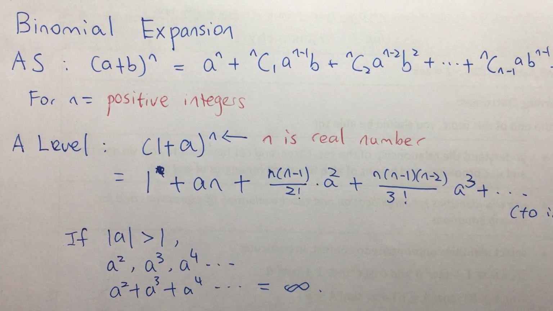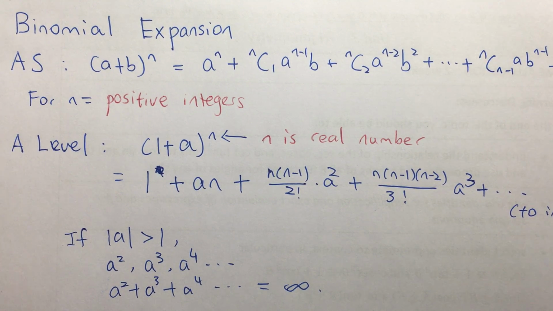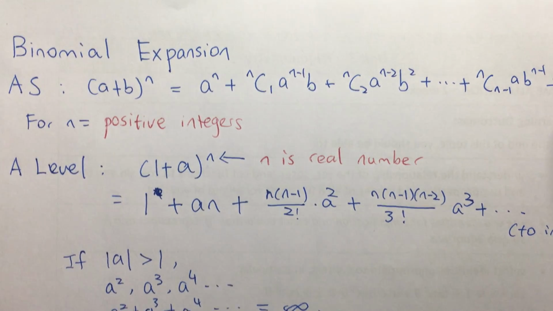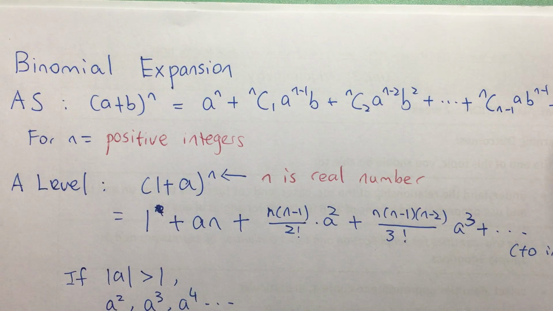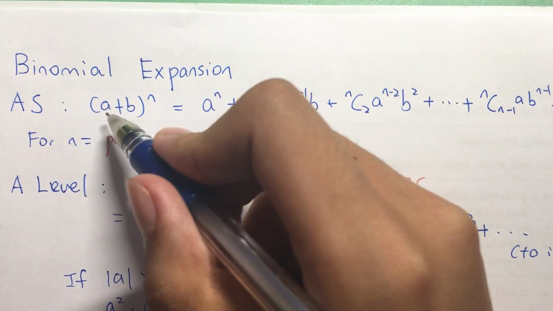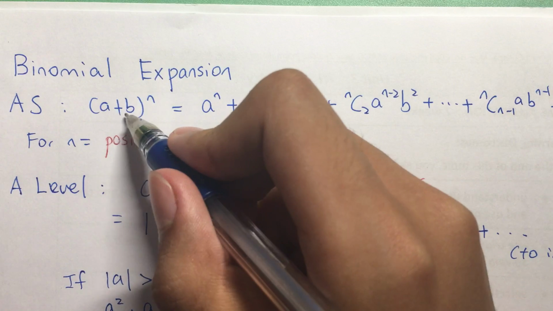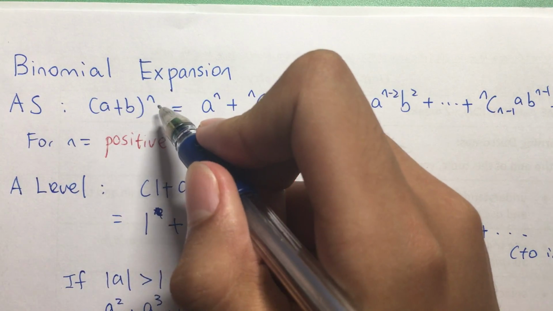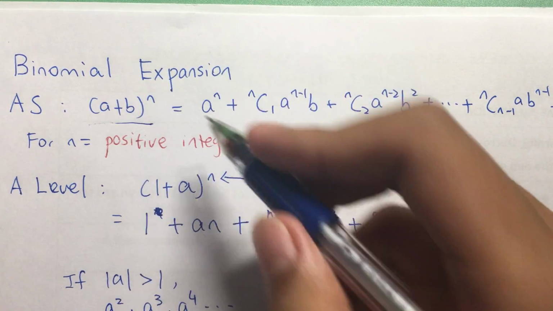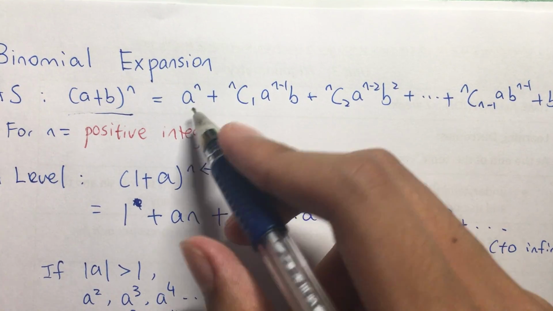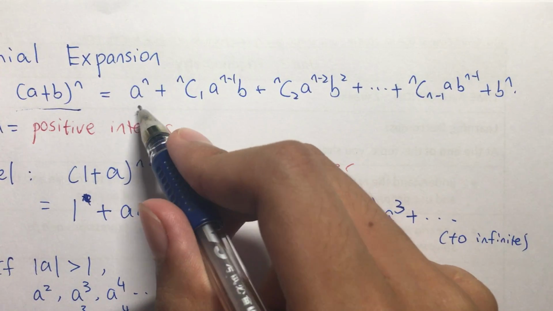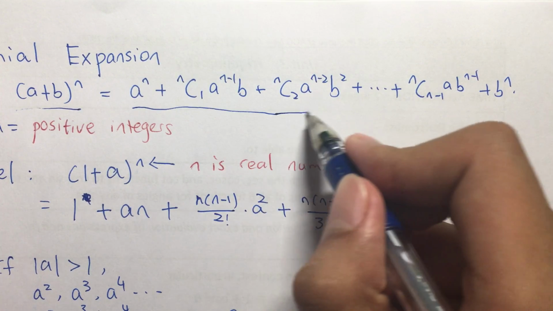And today we are going to talk about binomial expansions. Well, we learned a part of it in AS. So we learned the basic ones, which is the general one, (a + b)^n. And the expansion of it is this equation, which you should have learned at AS level.